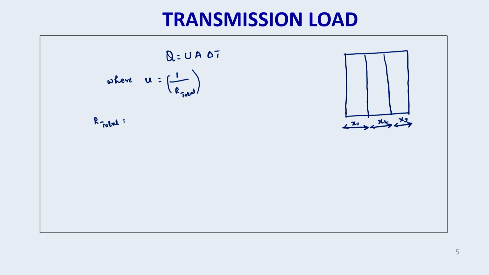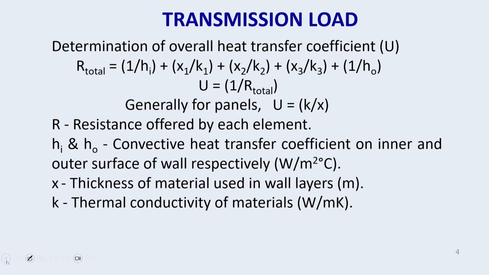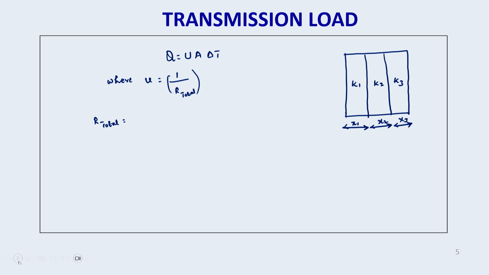These 3 layers are made of materials with thermal conductivities K1, K2, K3. K is the thermal conductivity of the material in watt per meter Kelvin. X is the thickness of the material used in the wall layers, that is, the thickness of the layer or wall in meter.